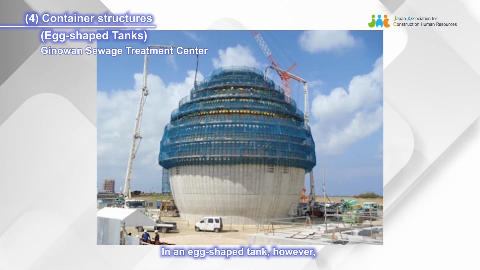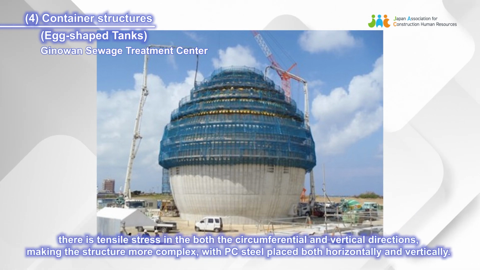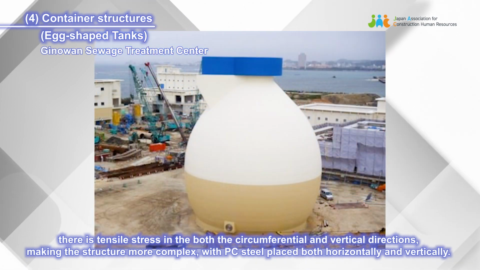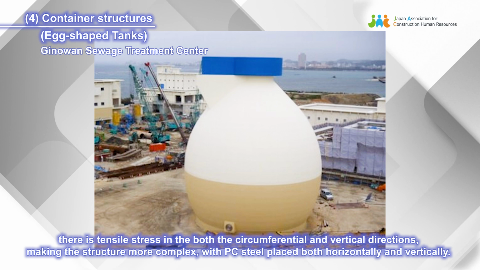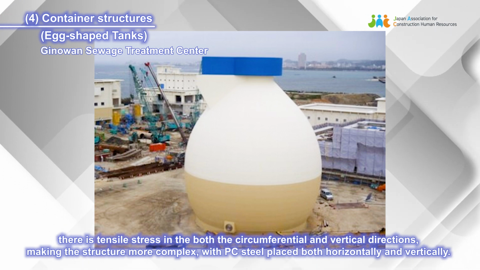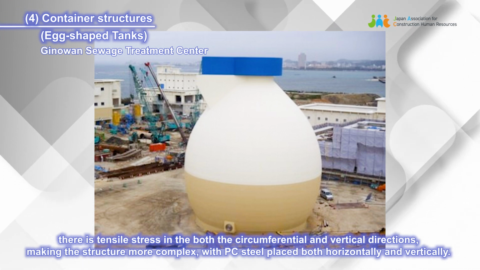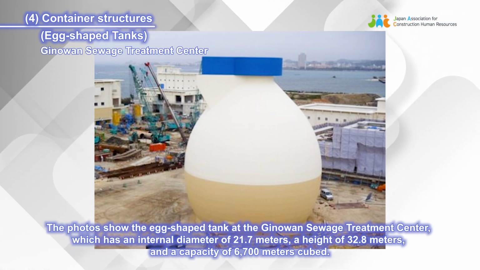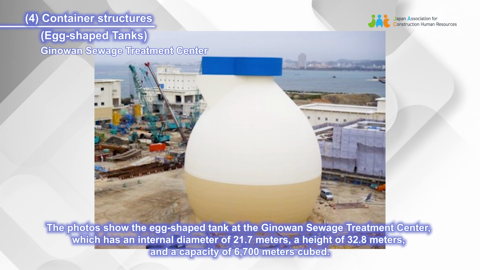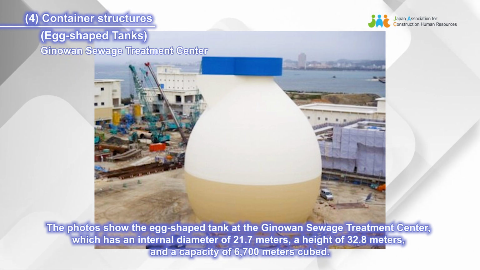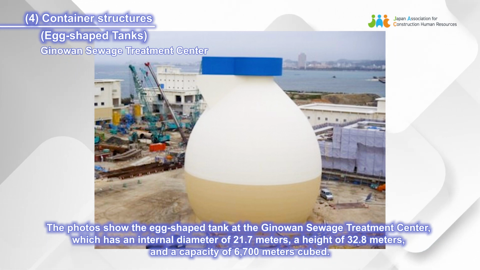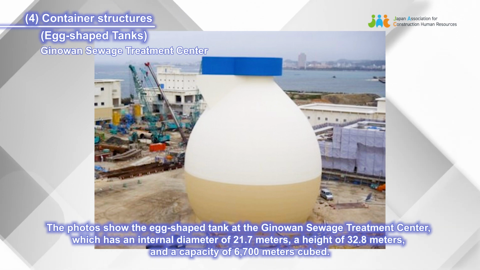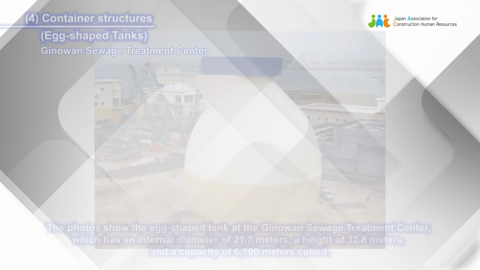In an egg-shaped tank, however, there is tensile stress in both the circumferential and vertical directions, making the structure more complex, with PC steel placed both horizontally and vertically. The photos show the egg-shaped tank at the Ginowan Sewage Treatment Center, which has an internal diameter of 21.7 meters, a height of 32.8 meters, and a capacity of 6,700 meters cubed.